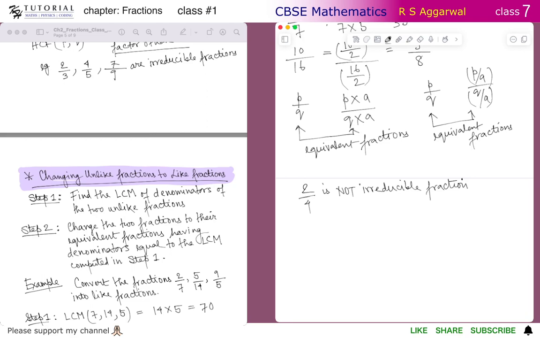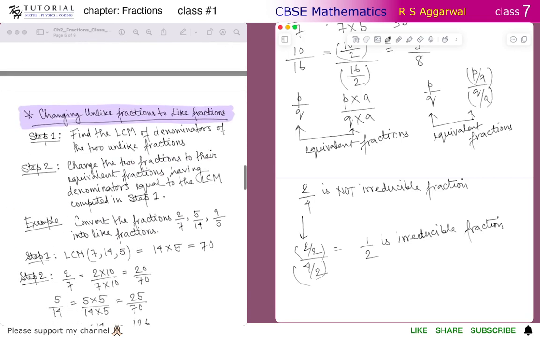If you divide both the numerator and the denominator by 2, we can do this always, this becomes 1 by 2. Now half is an irreducible fraction. But 2 by 4 is not an irreducible fraction because it can be further reduced to half. Okay.